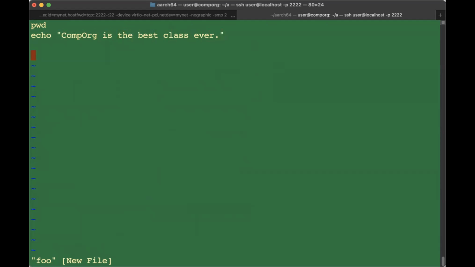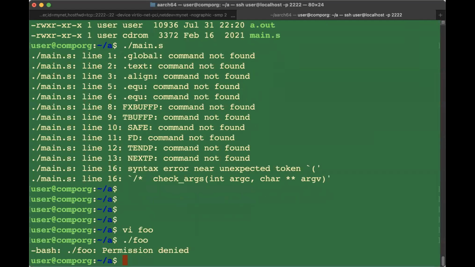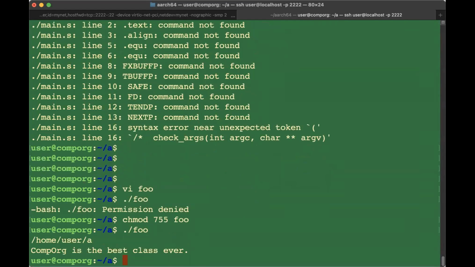Okay, which is true. All right, now ./foo, permission denied. Okay, chmod 755 foo, ./foo. And now it's executed as a shell script.